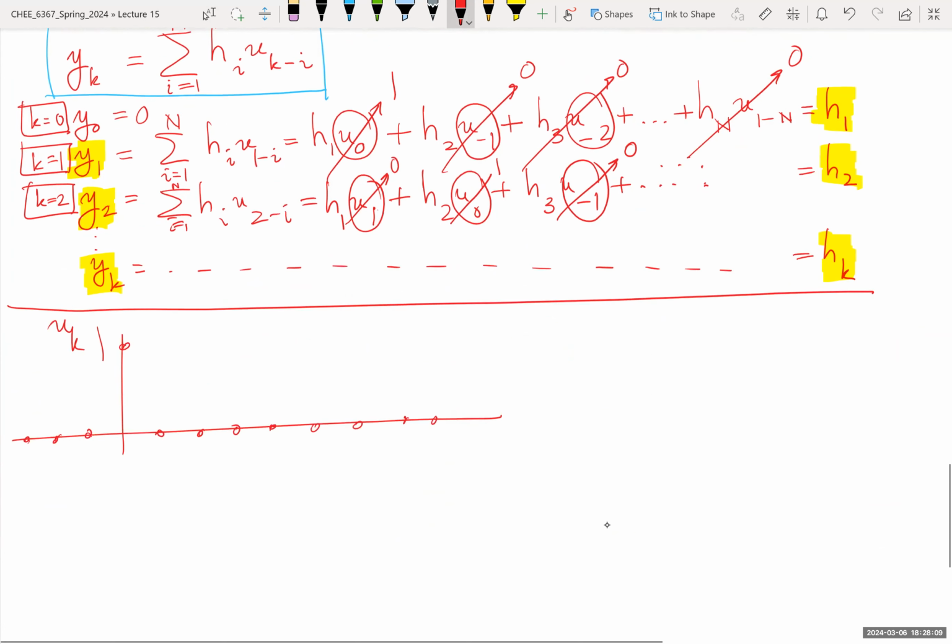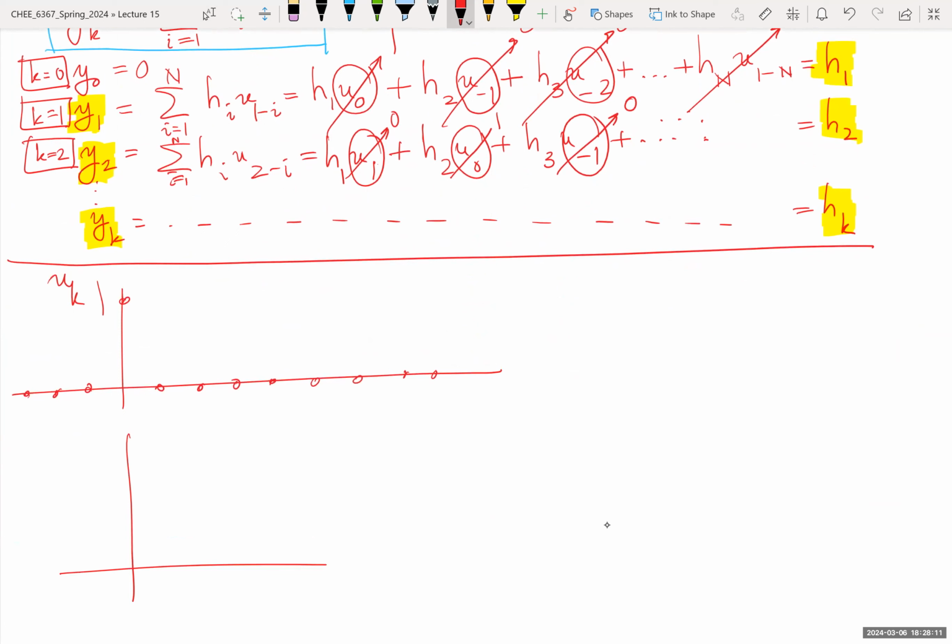And I could observe the output, and whatever output values I would get, something here, that would be 1, and then I would get another value, and then another value. And if this is YK, I know this would be the value of H1, this would be the value of H2, this is the value of H3, etc., etc.